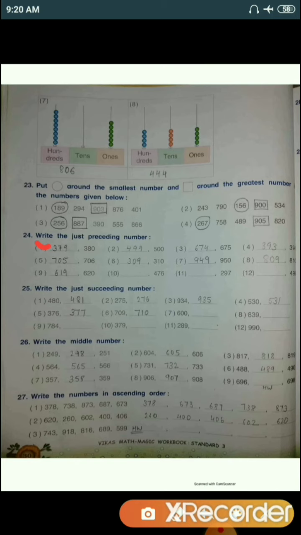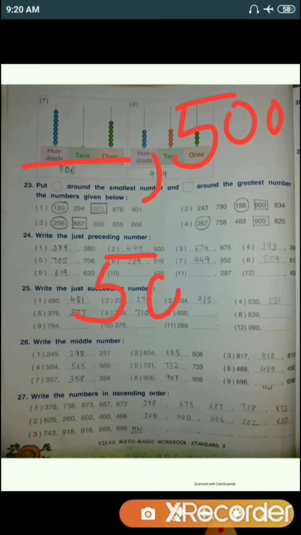Now question number 2 is dash comma 500. So again for the preceding number we need to subtract 1 from the given number. So I will cut this 0 and I will write here 10. 10 minus 1 will give you 9.